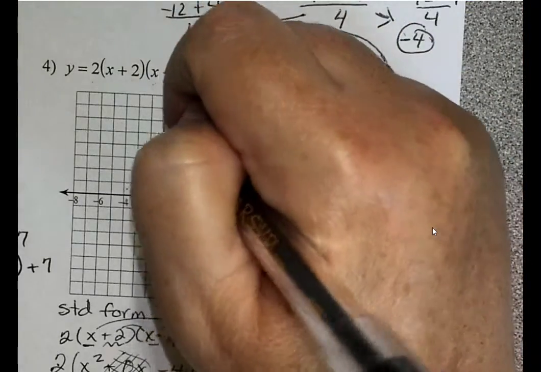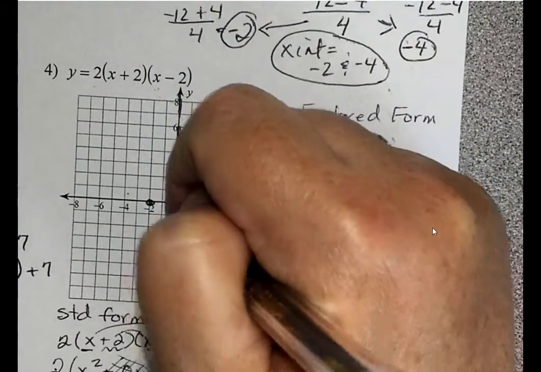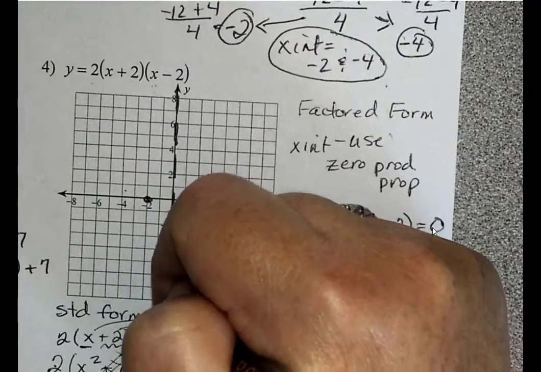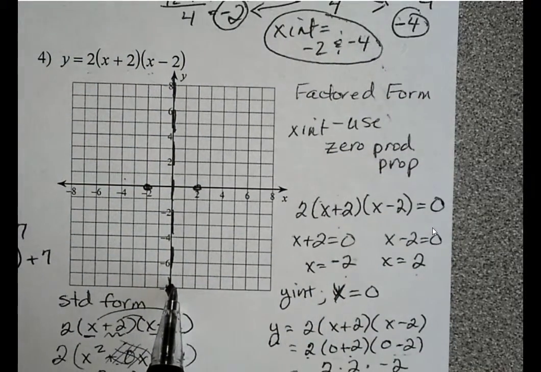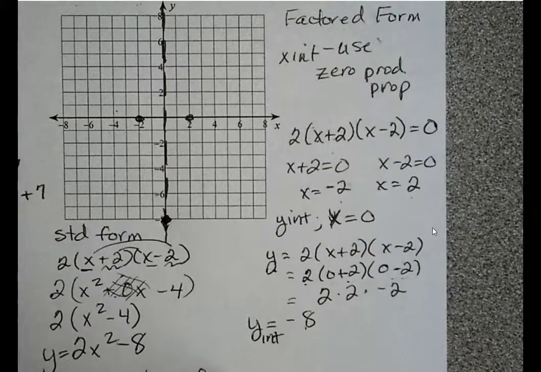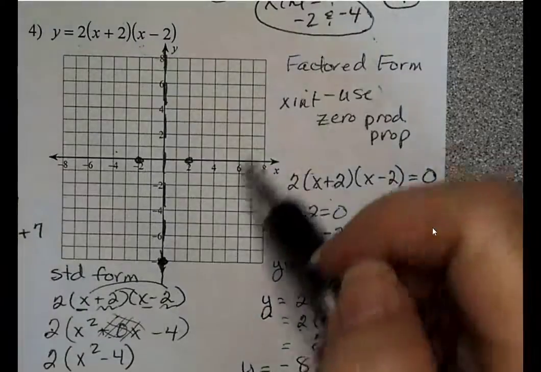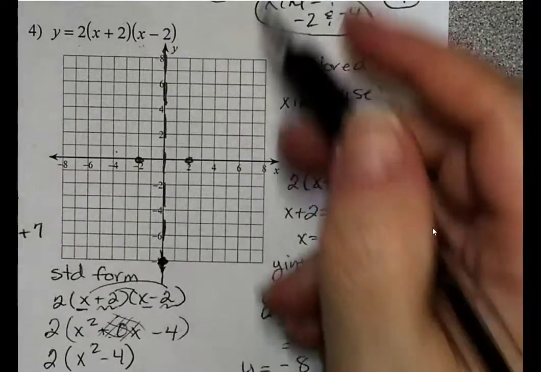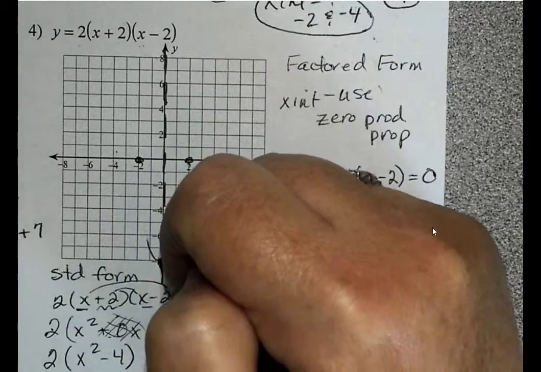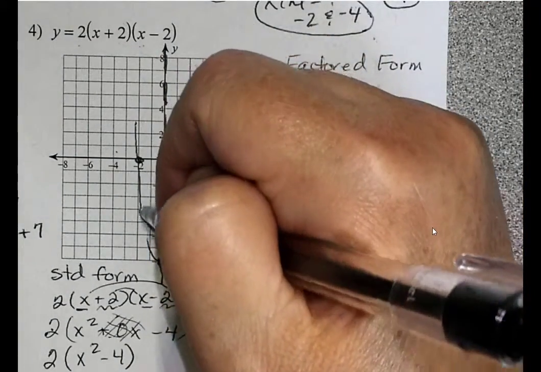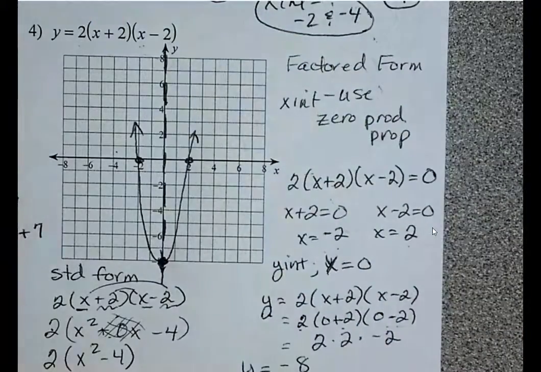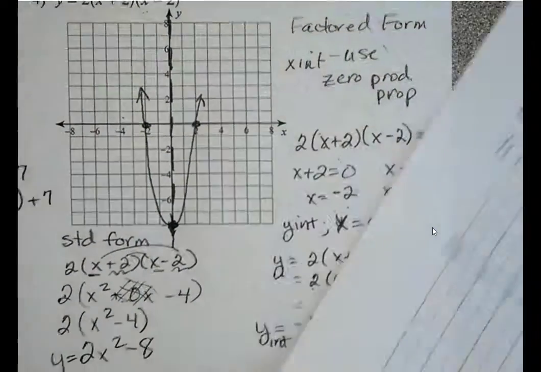So here's where x equals 0. Oh, and it turns out that my y-intercept is actually my vertex. So I don't need to go through and plug in 0 because I already have the vertex. Okay, so there's that one.